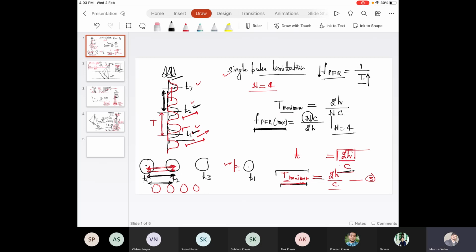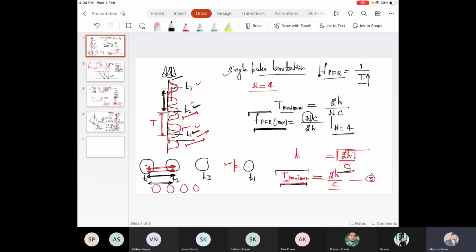If 2 pulses can be identified before receiving the echo of the first pulse, then it will be doubled. In case of 4, it will be 4 times. In case of n, it is n times.